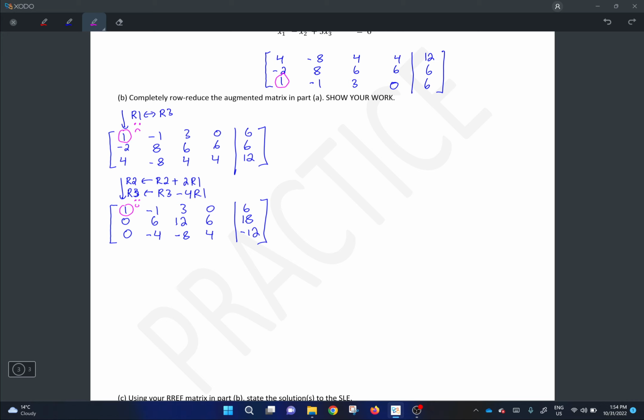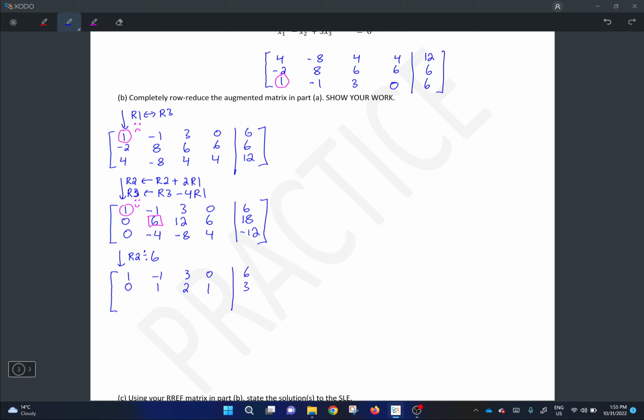Next, I'm going to create a leading 1 over here, where that 6 is. So I'm going to take row 2 and divide by 6. Every entry has to be divided by 6. 1, negative 1, 3, 0, 6, and then 0 over 6 is 0, 6 over 6 is 1, 12 over 6 is 2, 6 over 6 is 1, 18 over 6 is 3.